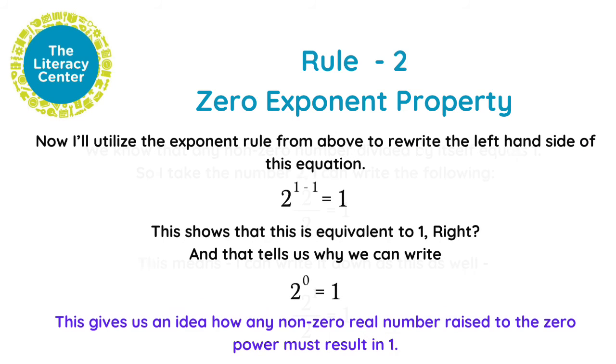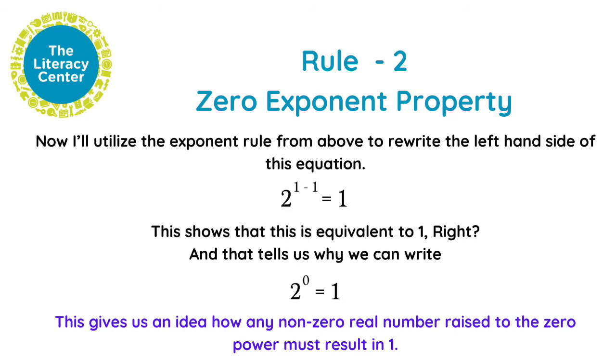And how do I get this number 1? I will utilize exponent rule number 1, that is our quotient rule. When I utilize exponent rule number 1, I would rewrite the left hand side of this equation. So now it would be 2 to the power of 1 minus 1, and that equals 1.